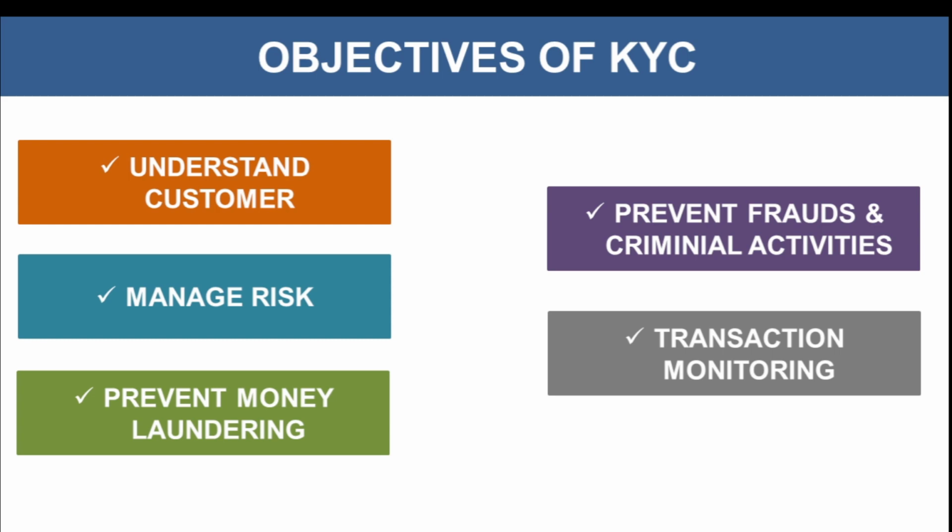So the bank may call you and ask whether these transactions are in line with your knowledge, whether you are aware of these transactions happening in your account. These are what we call AML alerts, or anti-money laundering alerts, which are provided to the banks and the financial companies, and it becomes the responsibility of the bank to call the customer and ask about such a huge transaction happening in your account.